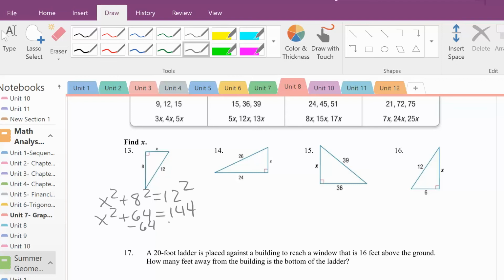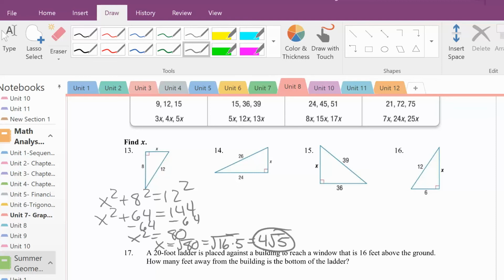Subtract 64. x squared equals 100, or sorry, not 100, but 80. And then x equals the square root of 80, which is the same as the square root of 16 times 5, which is 4 radical 5.